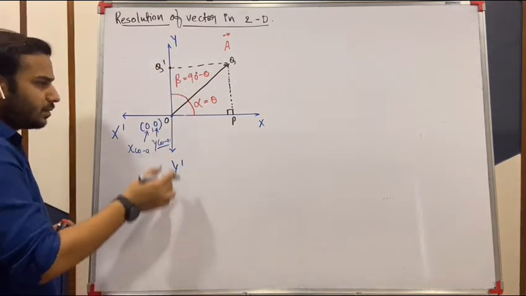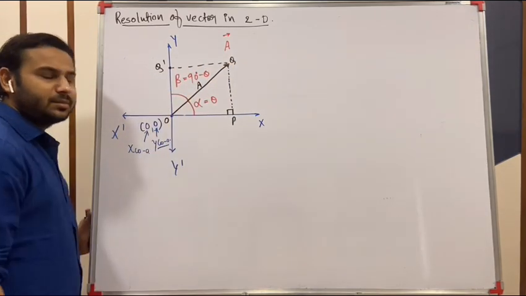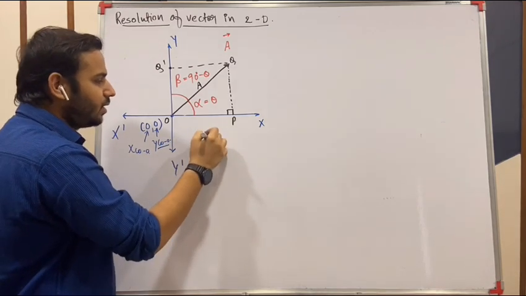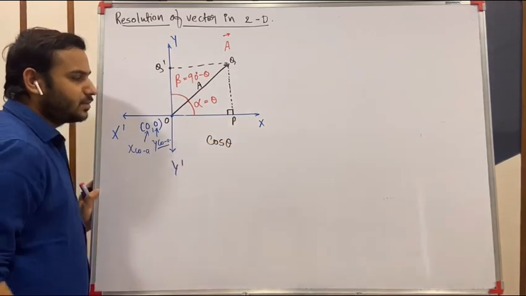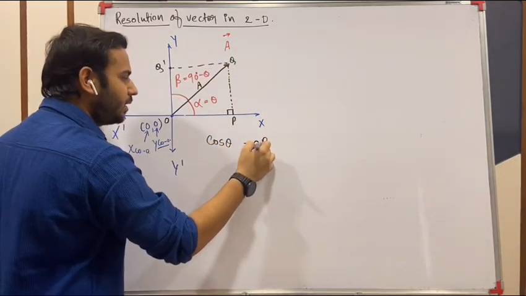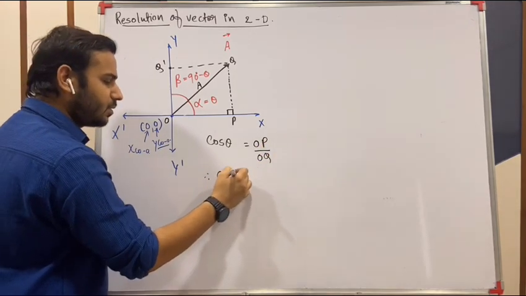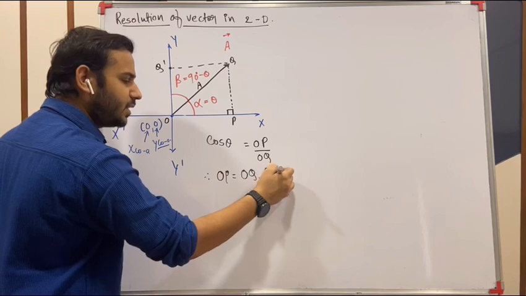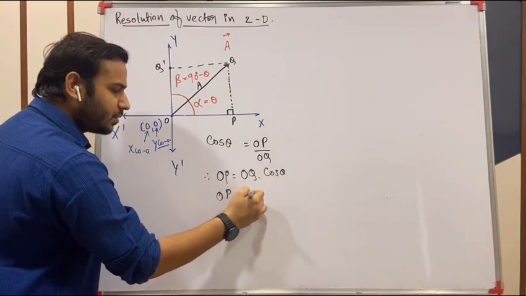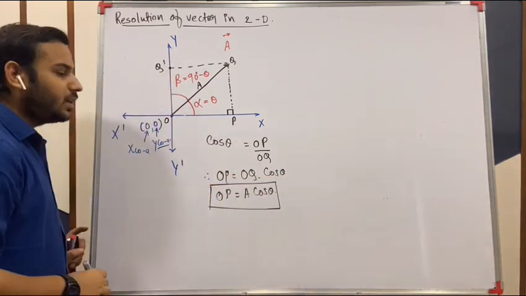Now the magnitude of this OQ is A. Okay, for this triangle cos theta is adjacent upon hypotenuse, OP upon OQ. Therefore OP is equals to OQ into cos theta. OQ is A, so you can write OP is equals to A cos theta.